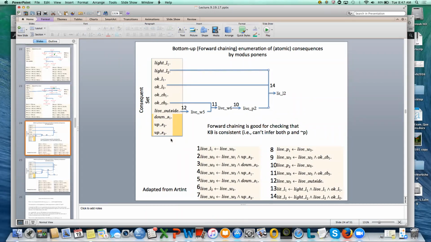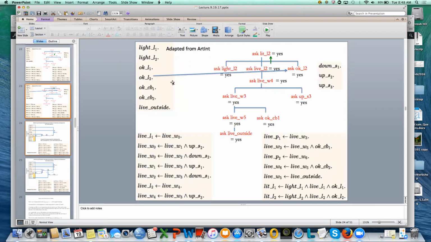You could still use a forward chaining search to look for a particular goal or theorem to prove. Just like we did here, we were basically asking, is lit L2 a theorem? Does it follow from the axioms in the knowledge base?